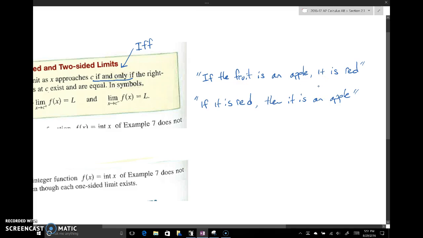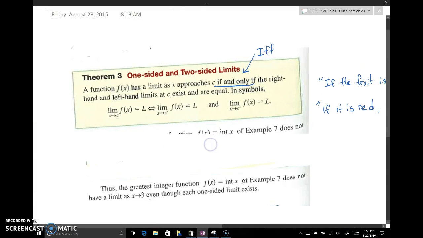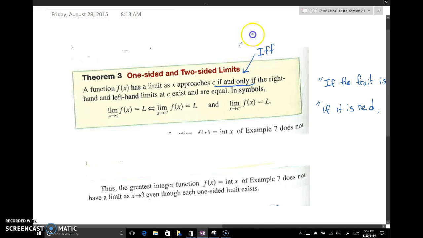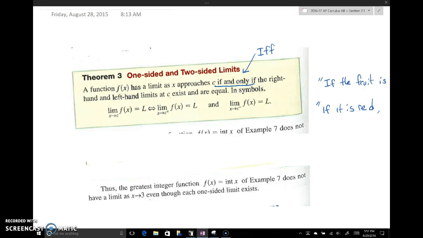As far as the AP Calc test goes, what you want to be thinking of is when you're presented with these theorems in the book, you need to know the theorems, and what they'll do on the AP Calc test is they'll present you with these types of scenarios backwards and see if you use the theorems incorrectly. So we're going to work on that all year and try to get really good at that. And this is our first sort of insight into that. This theorem can work both ways, but not all theorems can. So we have to really be mindful of that.